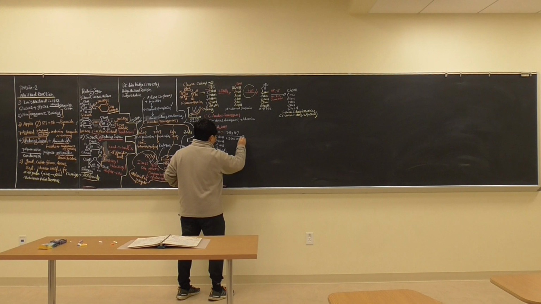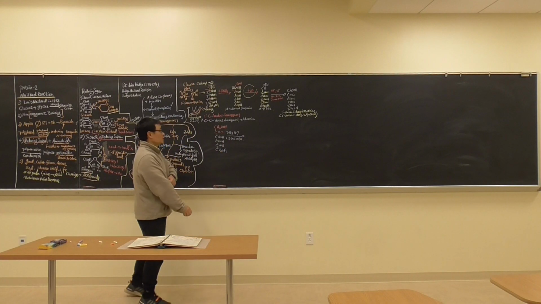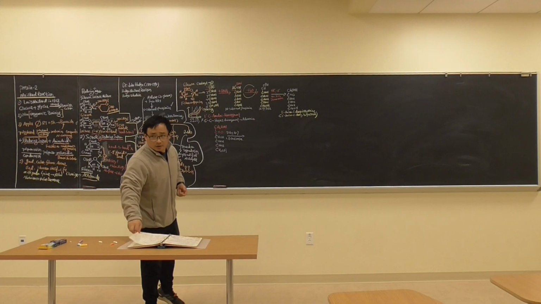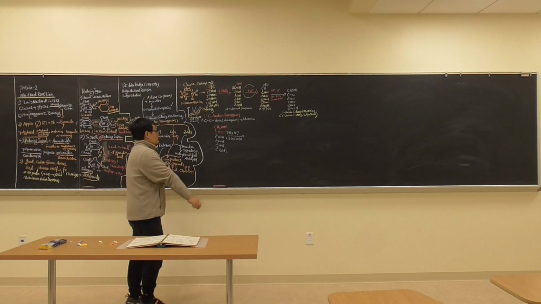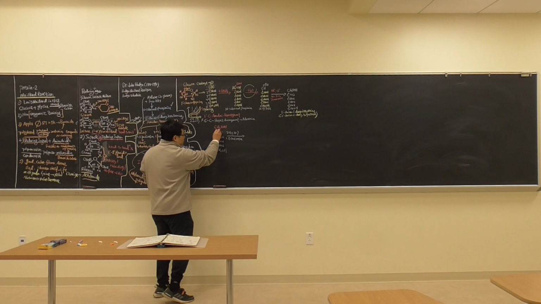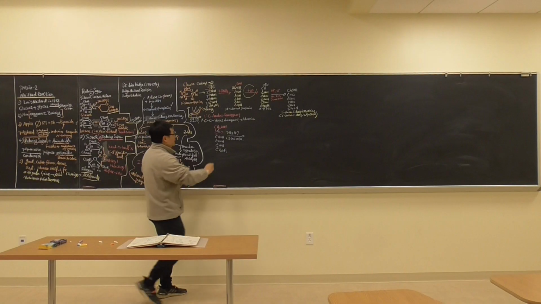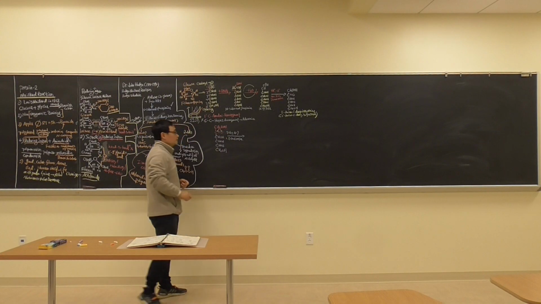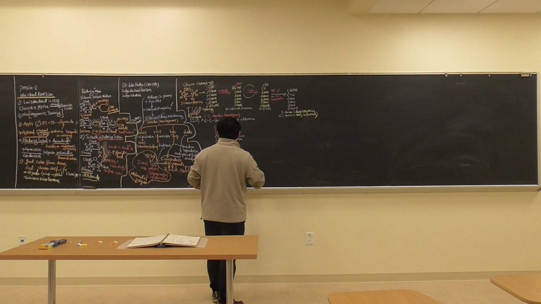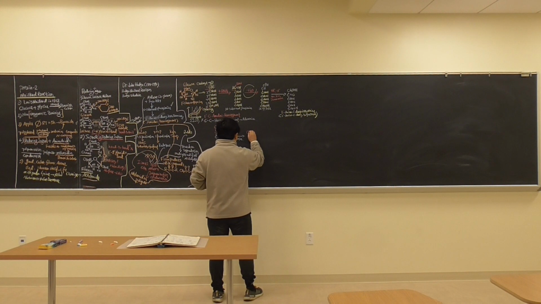enolization. What does 1,2 enolization talk about? 1,2 enolization is when a proton attacks this carbonyl group. Once it attacks here, what will happen? This becomes OH.